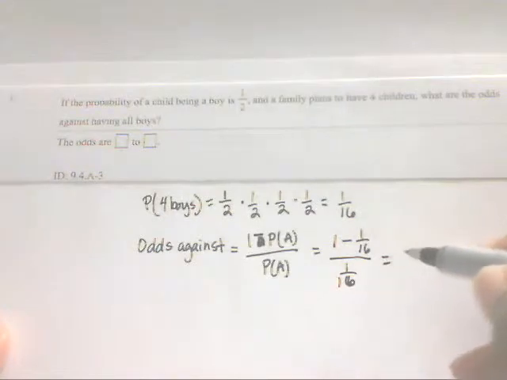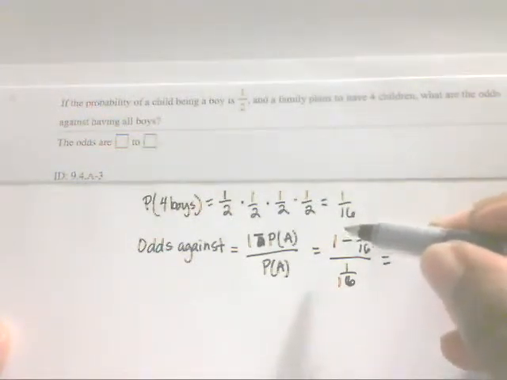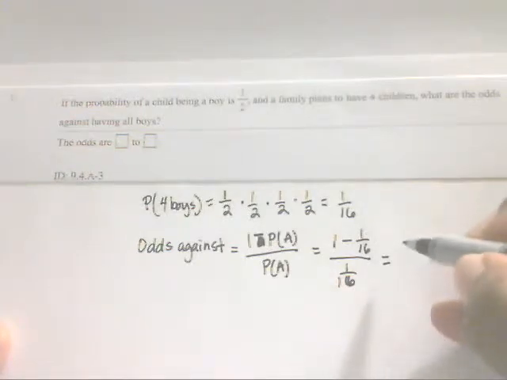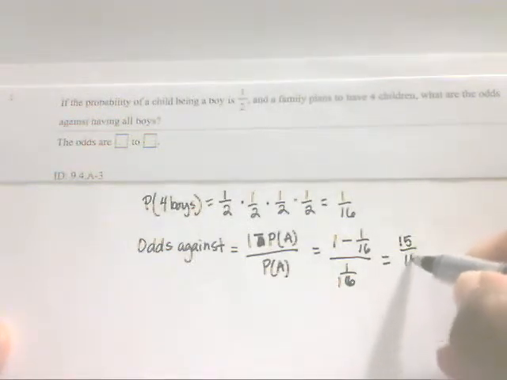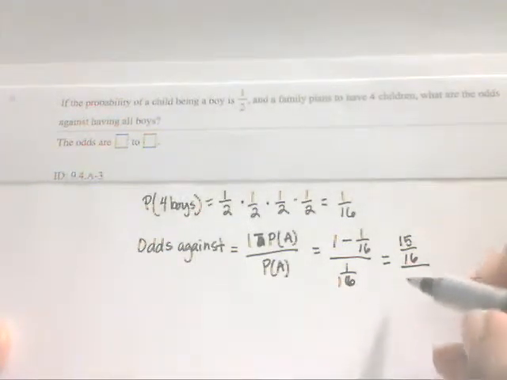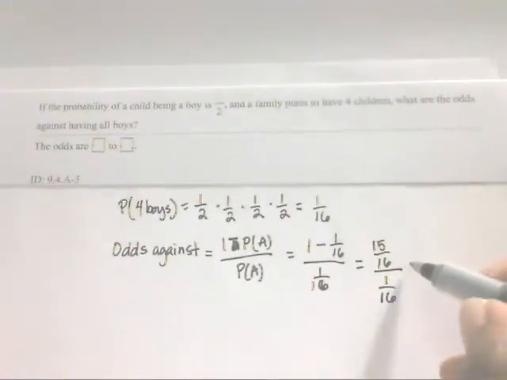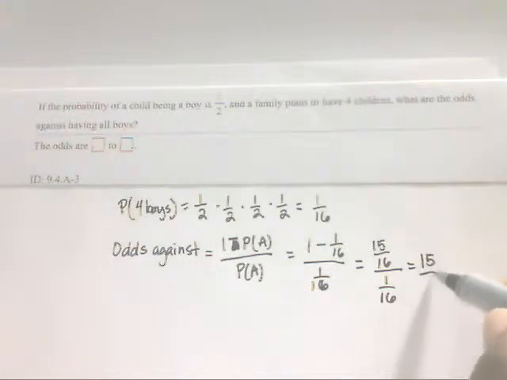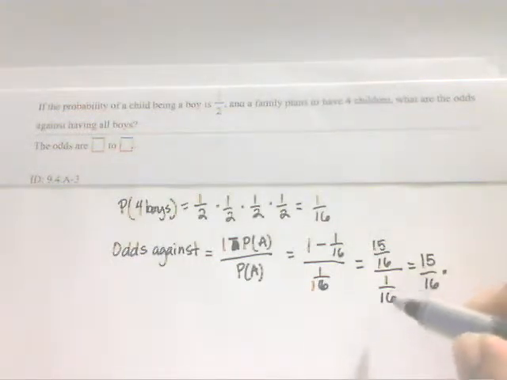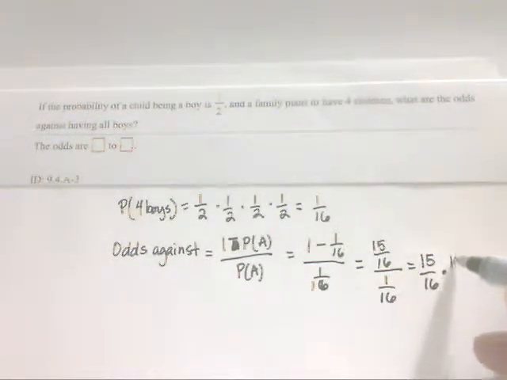Okay, so in this case here, 1 whole is 16/16, so 1 minus 1/16 will be 15/16 divided by 1/16. And then if we simplify, this will be 15/16 times the reciprocal of 1/16, which will be 16/1.